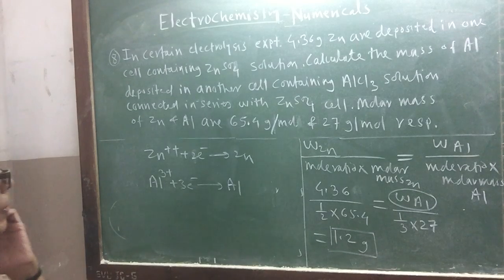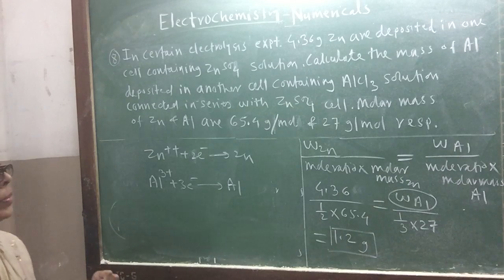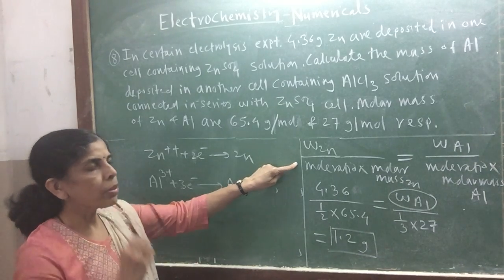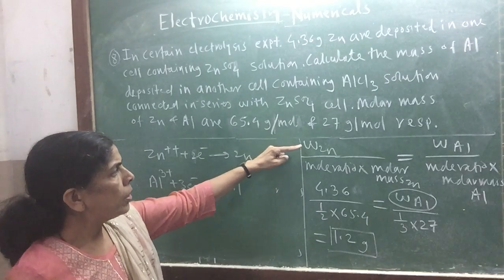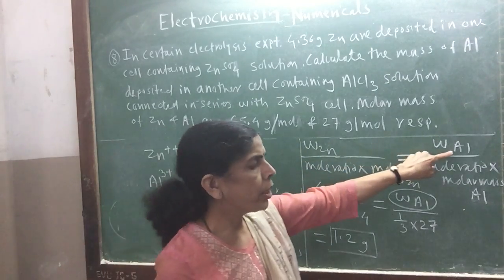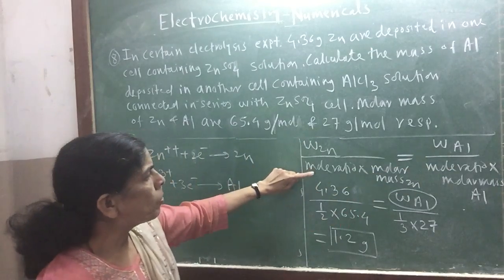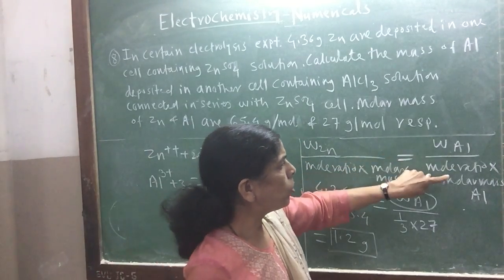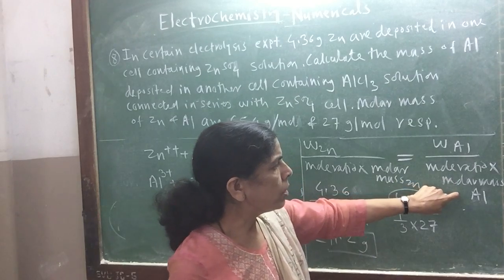See the problem carefully. As the amount of electricity passed is the same, we can derive this formula, isn't it? In one cell, zinc is going to get deposited. In another cell, aluminum is going to get deposited. So WZn upon mole ratio into molar mass in the zinc cell is equal to WAl upon mole ratio into molar mass in the aluminum cell.